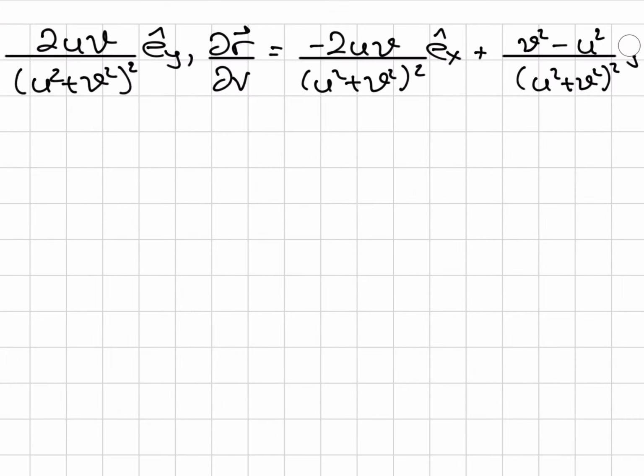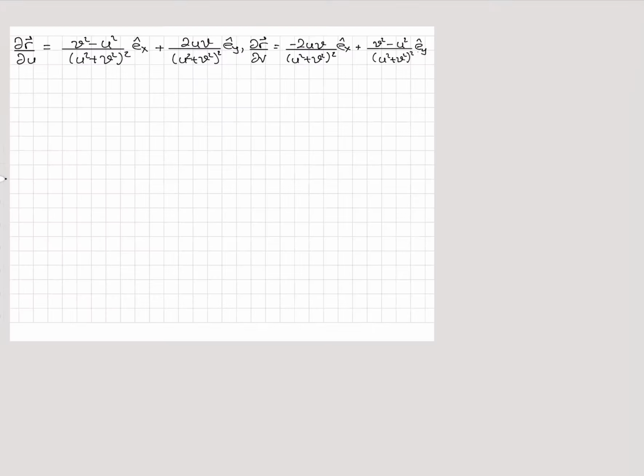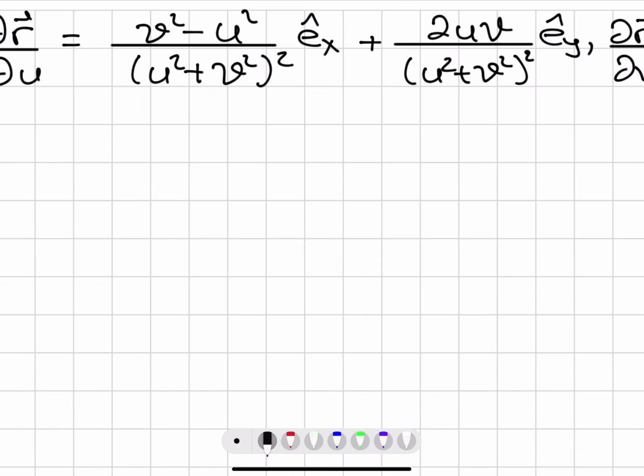Okay, now I can take the magnitudes of these two vectors to find the scale factors. H sub u, the scale factor, is the magnitude of del r del u. So let's take the magnitude of this vector, which means I have to take the x component squared and add to it the y component squared, and then take the square root.